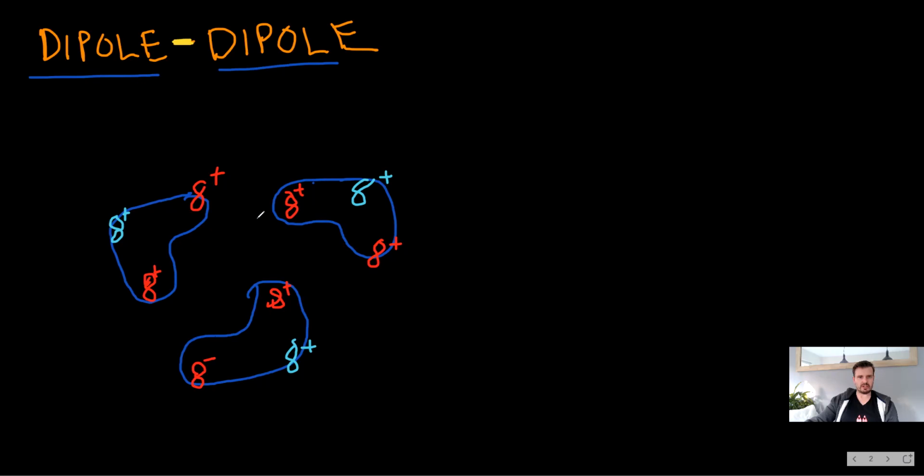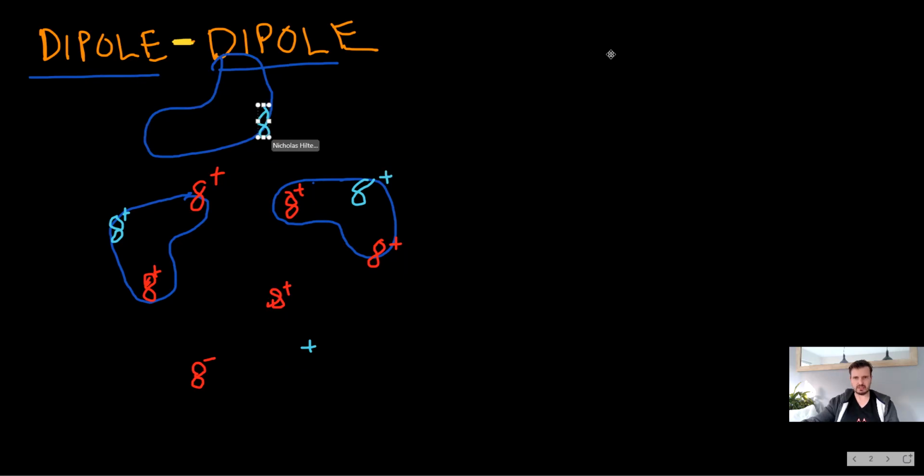So let's look at now these molecules. What they're going to do is the positives are going to repel each other, and they're actually going to align so that the negative goes to the positive. And so this should have, I don't know why I drew that positive, so it should be negative.